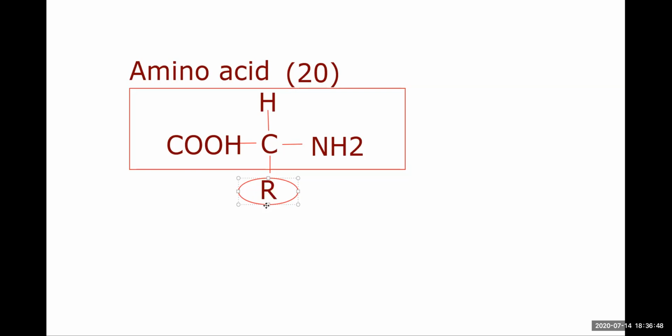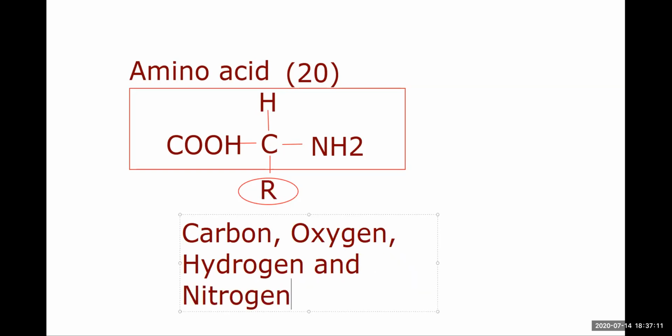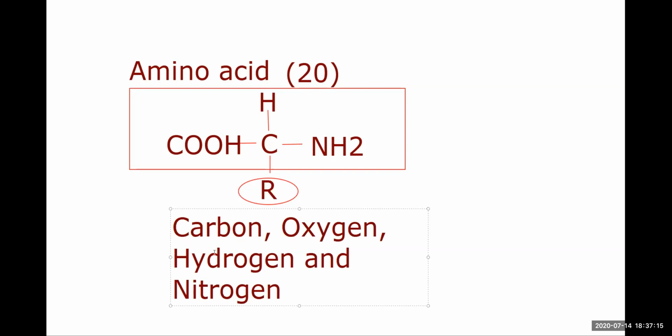So what are the atoms here? You can see the atoms are carbon, oxygen, hydrogen, and nitrogen. So that's the answer: in an amino acid, these atoms are present.